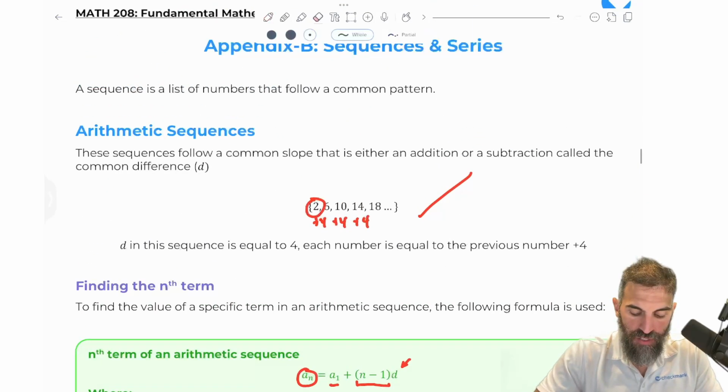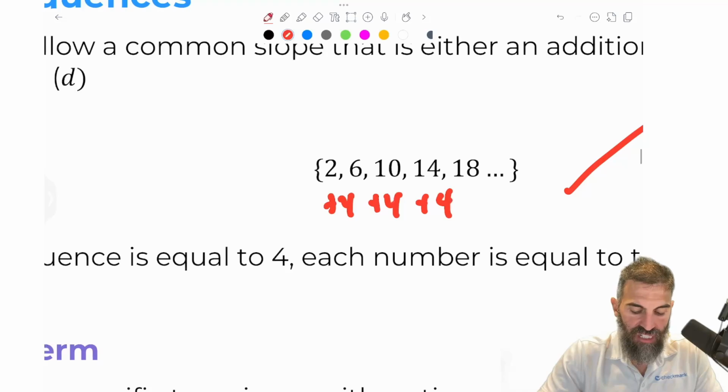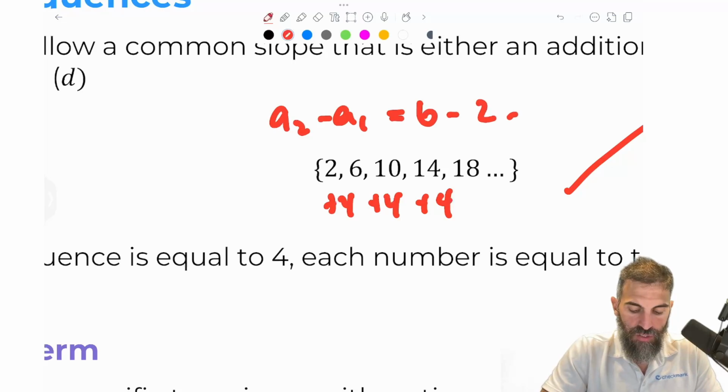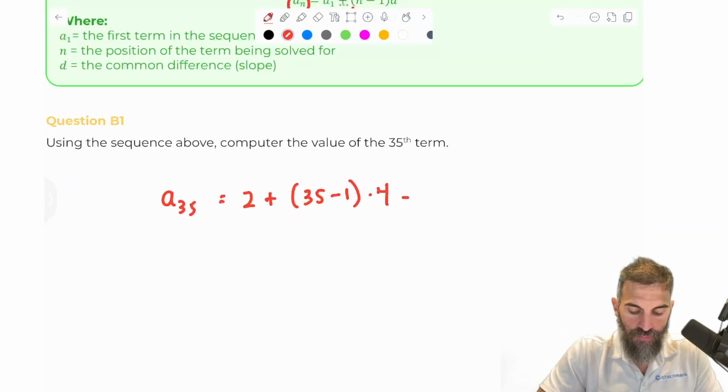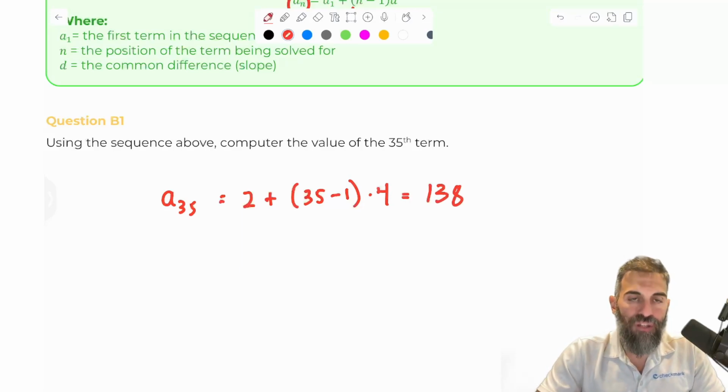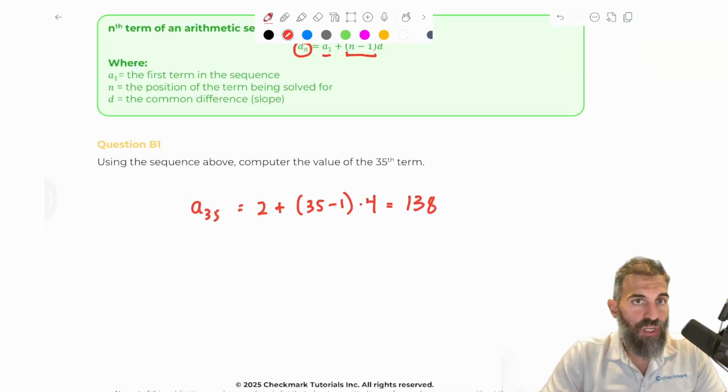What was the slope here, guys? The slope is basically just A2 minus A1. 6 minus 2 is 4. That's the slope. It's increasing by 4. So times 4. So 2 plus 34 times 4 is 138. The 35th term is 138.